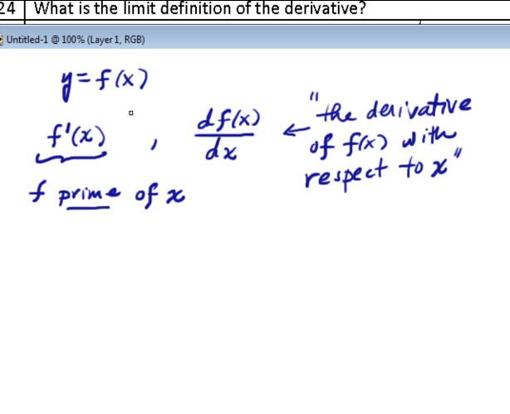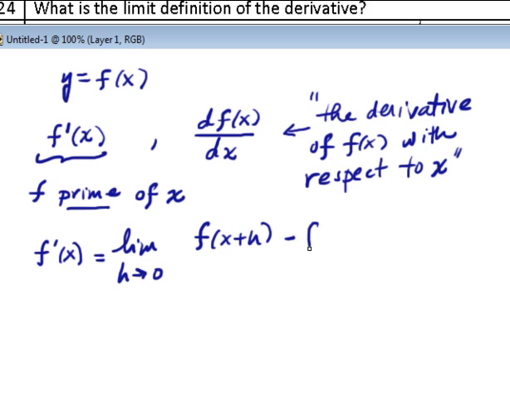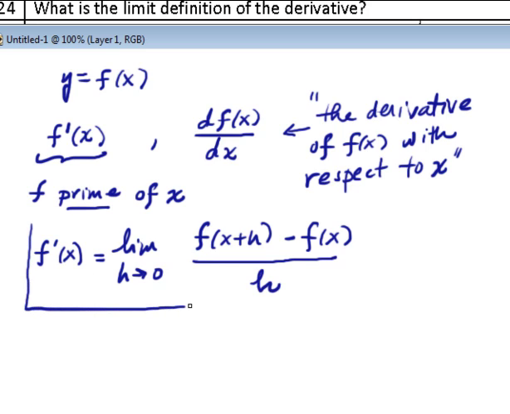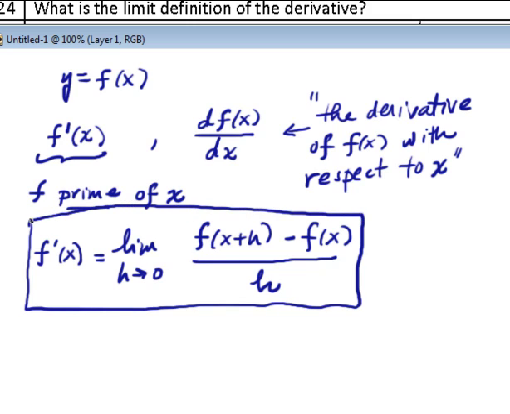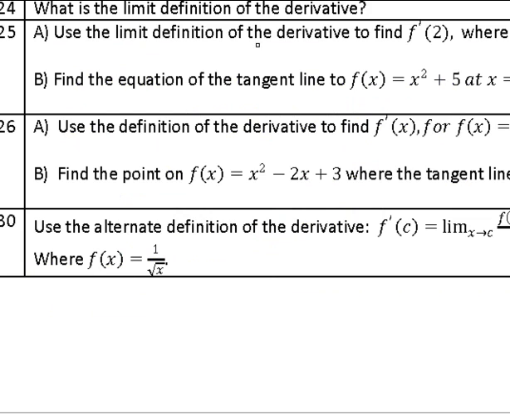Okay, but what we want is the limit definition. Here's the limit definition. F prime of x is equal to the limit as h goes to 0 of f of x plus h minus f of x over h. And that's the limit definition. If we look at the previous picture, the graph that we looked at before, let's look at that again.